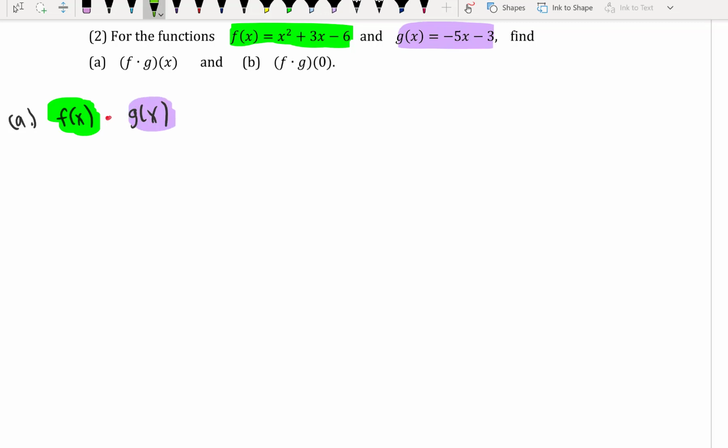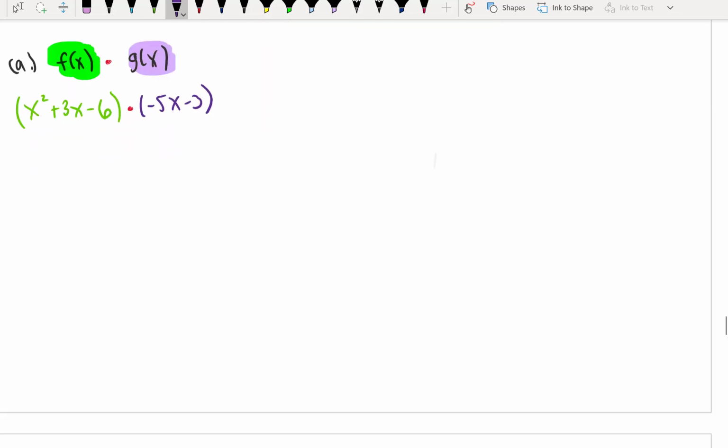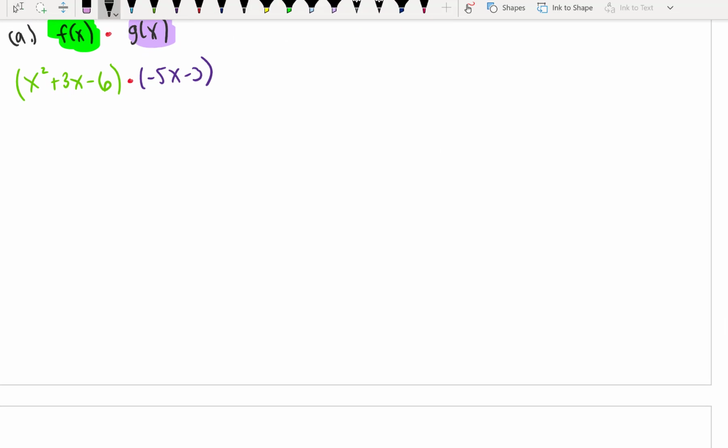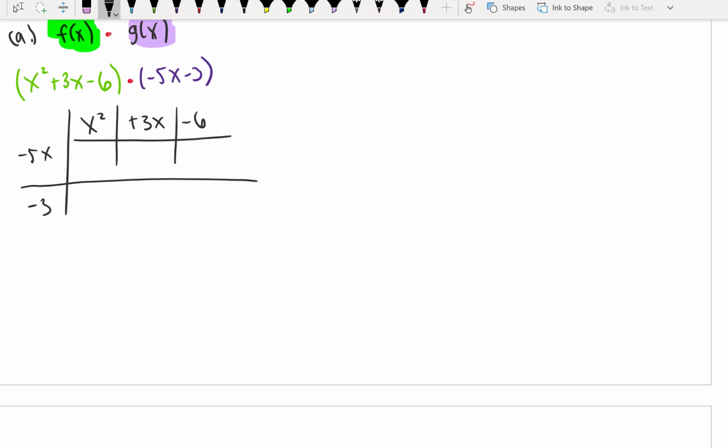So my f function is x squared plus 3x minus 6. That's going to get multiplied by that purple function, which is -5x minus 3. So using the box method, I'm going to have x squared plus a positive 3x minus 6, a negative 5x, and a negative 3.